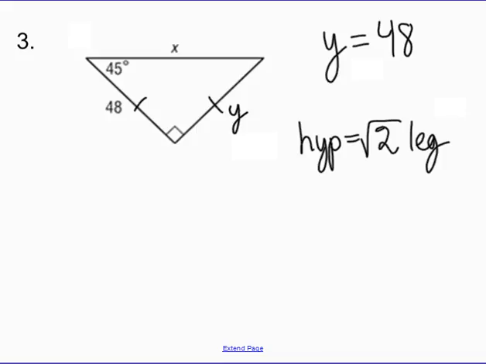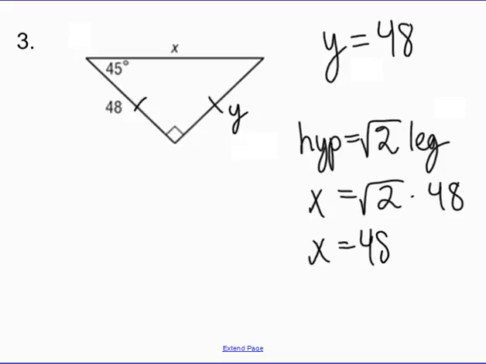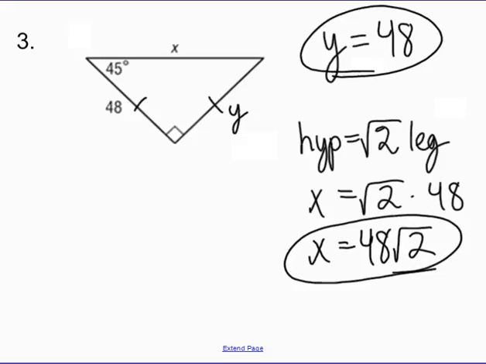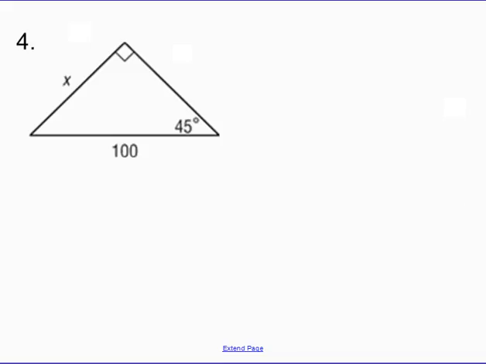Because that was a pattern with these special right triangles when the Pythagorean theorem was used over and over again with these types of triangles. Okay, so I have my hypotenuse is x, and then I'm going to, sure enough, take radical 2 times one of the legs, which is 48. So my x is 48 radical 2, and my y is 48.